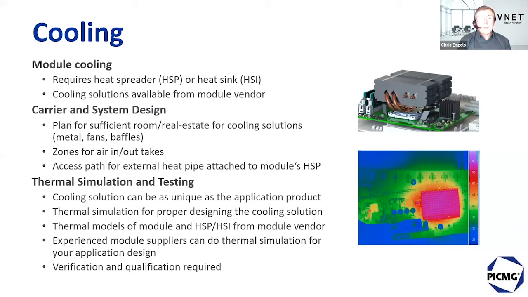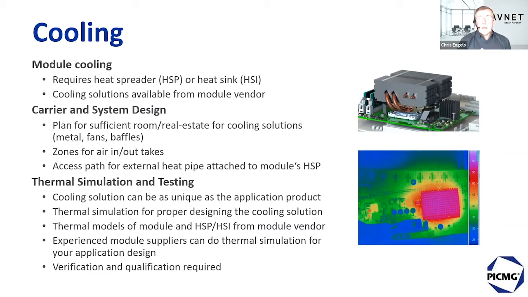And the specification only specifies the top surface of the heat spreader in relation to the top surface of the PCB of the carrier. And that allows you to replace modules from different families or different solution providers while keeping the cooling solution the same, assuming that the power dissipation is in the same range.